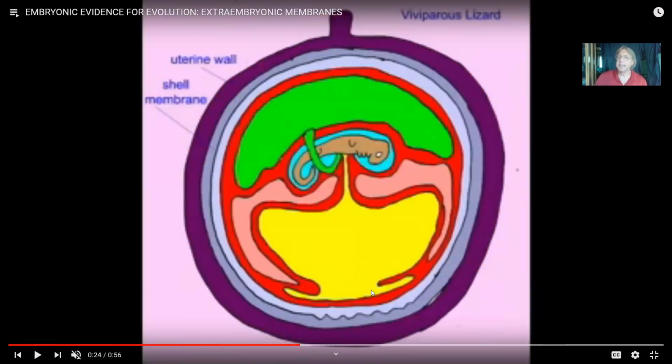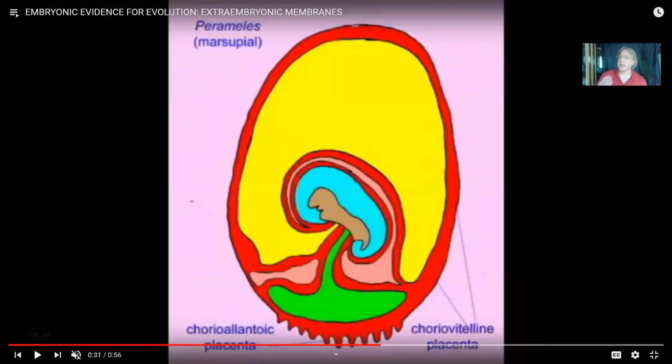But here you can see a live-bearing lizard, and while some lizards lay eggs, others give live birth. And you'll notice that it has the same membranes. Now, because live birth has evolved multiple times in related lizards, it's obvious then that the extra embryonic membranes, which were adapted to developing inside an egg, could be then adapted to developing inside the mother as well.